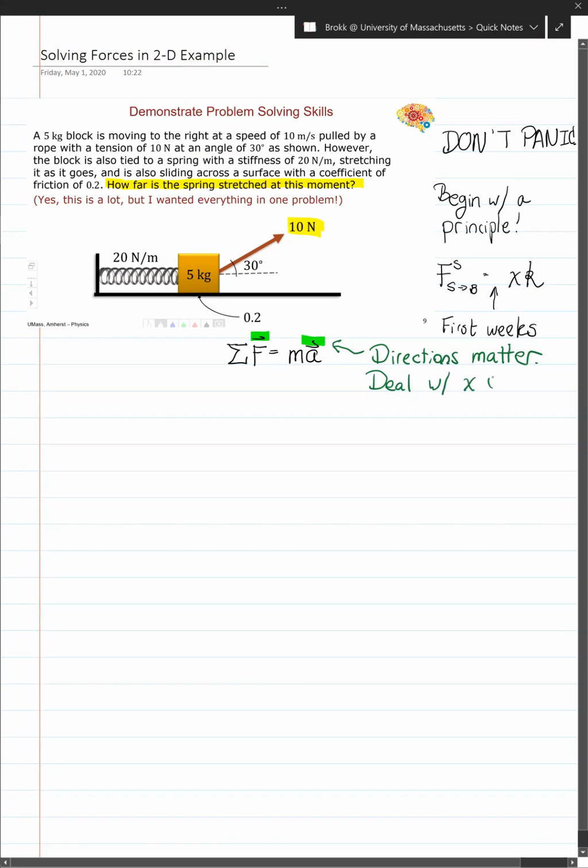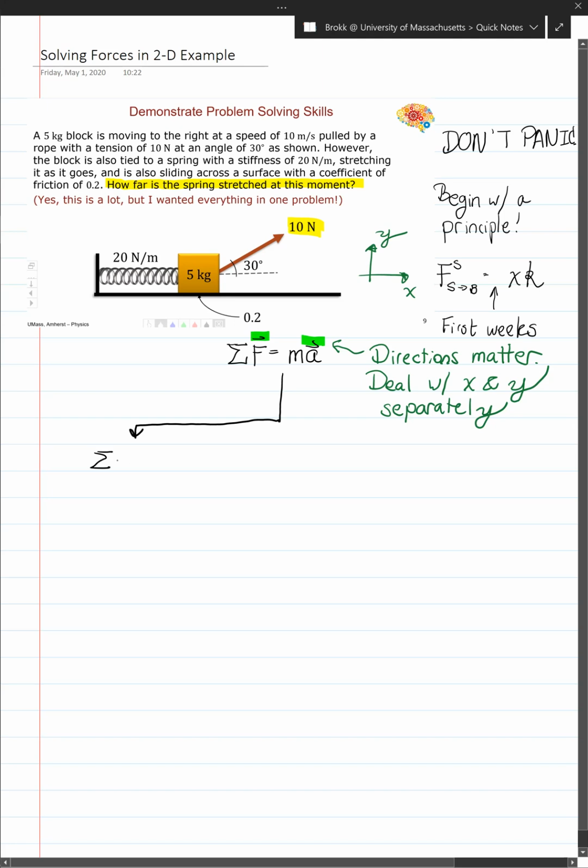With X and Y separately. Now I'm going to use our usual coordinate system where X is to the right and Y is up. So let's follow that along.